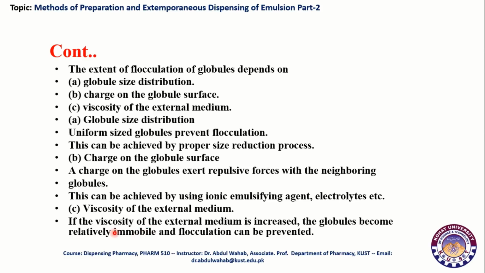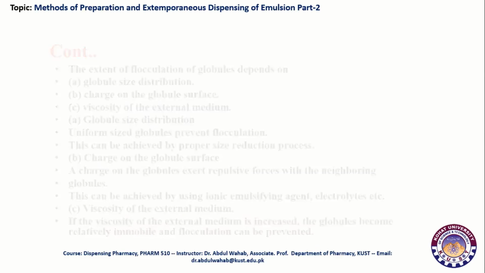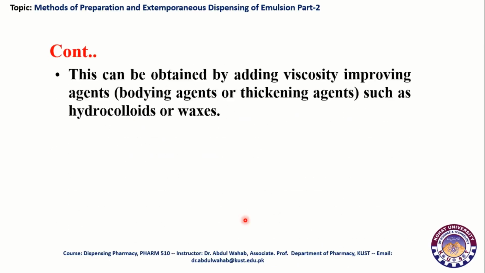If globules are immobile, there are less chances of fluctuations. So we can prevent the fluctuation process if we increase the viscosity of the external medium. This can be obtained by adding viscosity improving agents, bonding agents or thickening agents such as hydrocolloids or waxes.